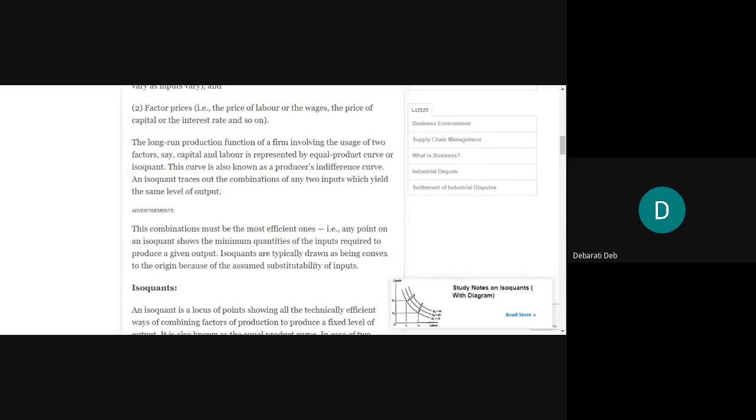When we studied consumer behavior, we studied indifference curve in terms of consumers, when they purchase a combination of two things that gives the equal level of satisfaction. But when we talk about the producer's indifference curve, also known as isoquant curve, we talk about the tracing of combinations of any two inputs that help in producing the same amount of output.